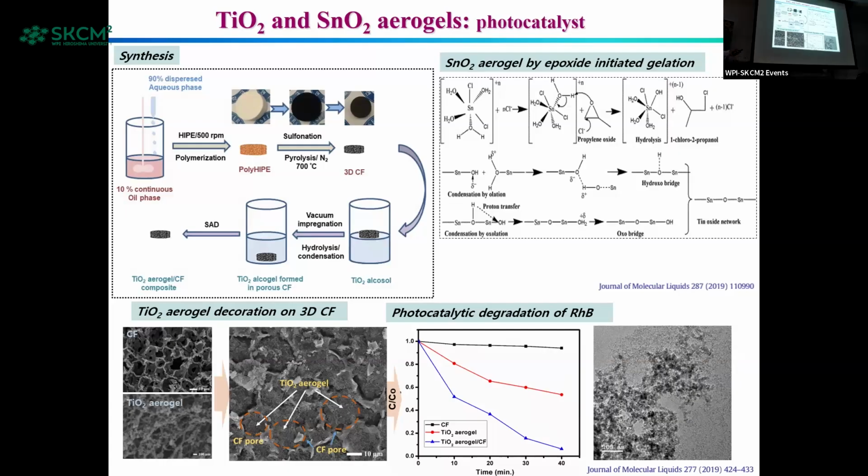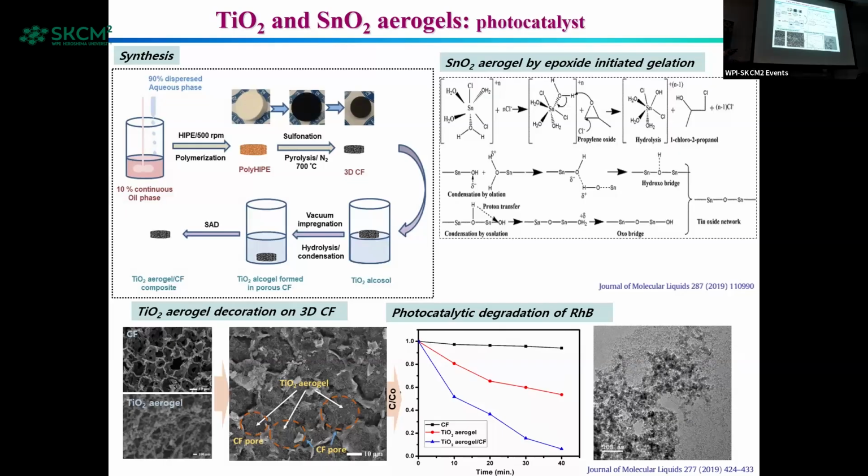And also we use some tin oxide aerogels. When we consider titania aerogel, we use the sol-gel process. But when we use other metal oxides like tin oxide, iron oxide, or any other metal oxide, in that case we can't use the sol-gel process, because we are using salt-based precursors for this kind of aerogel.